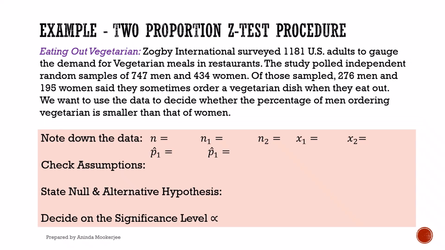Now we are going to work through the entire hypothesis test, starting with extracting the data from the verbiage of the question that we have up here, right? It's the same problem, eating out vegetarian, but we need to first obtain the different values that we will be using for our calculations.